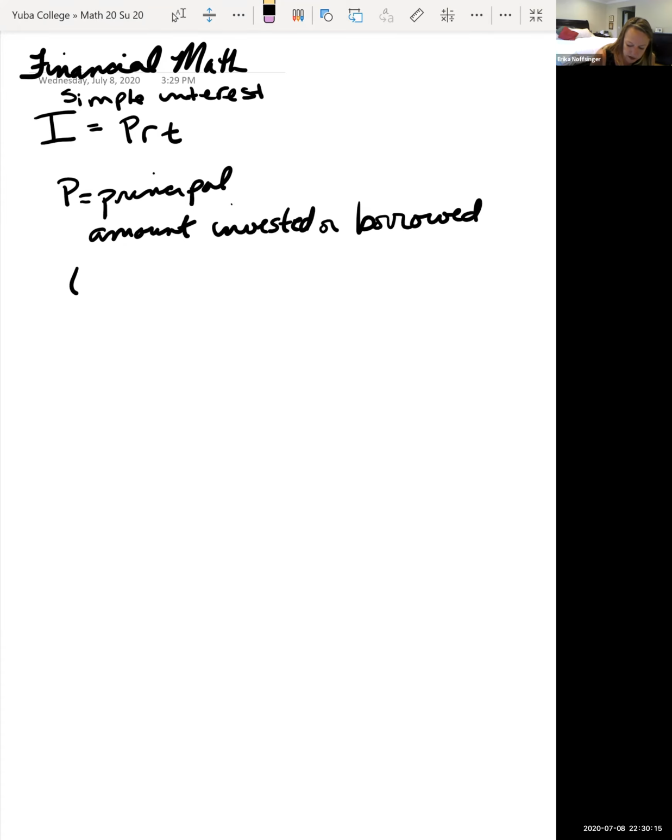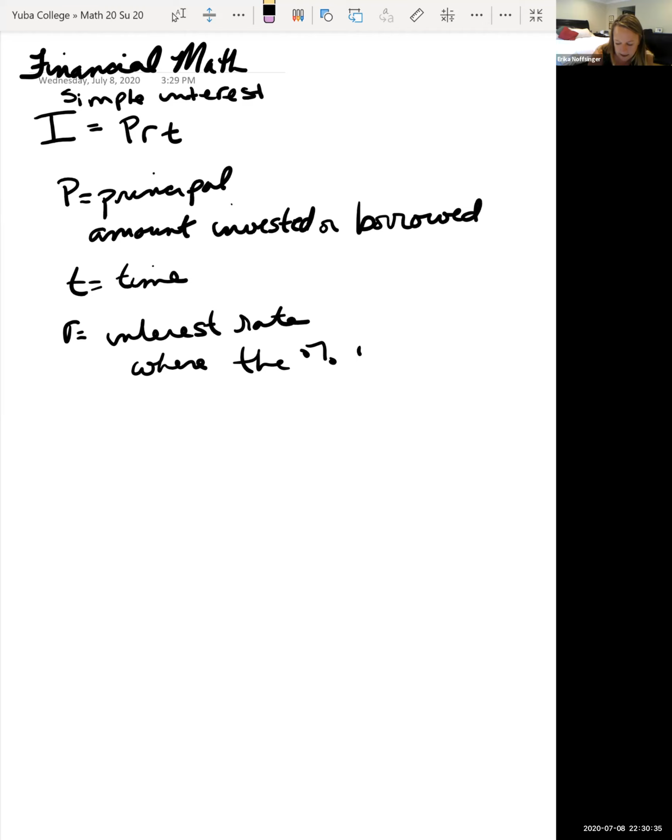T is equal to the amount of time, usually in years. R is equal to the interest rate, where the percent is written in decimal form.